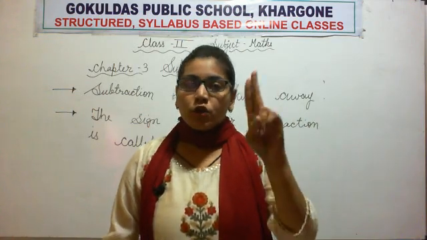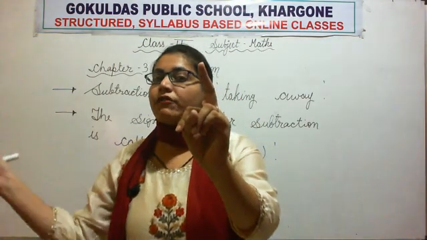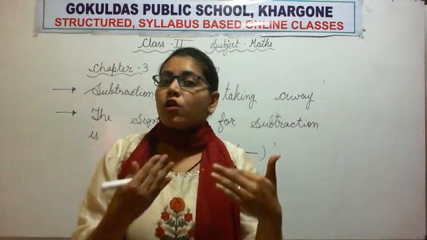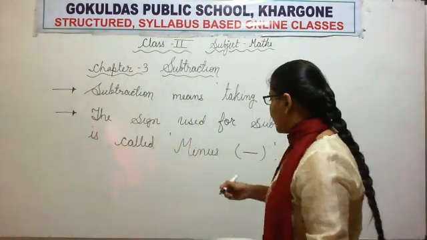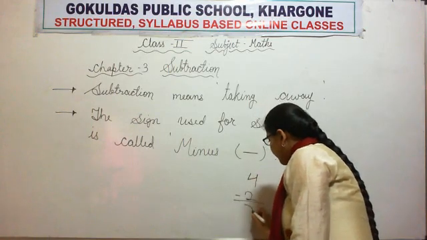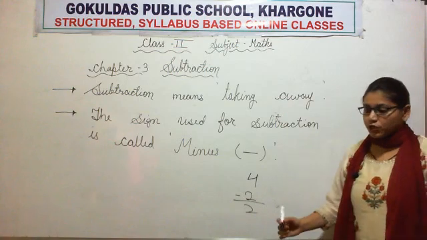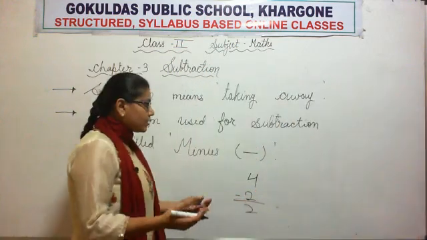So you had 2 pencils and 1 pencil your friend has taken away from you. So here also subtraction is happening. I have written something like this earlier: 4 minus 2, 4 books minus 2 books is equals to 2 books. So what are these terms?